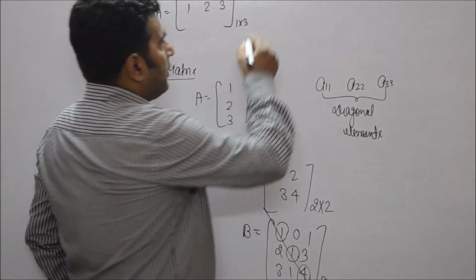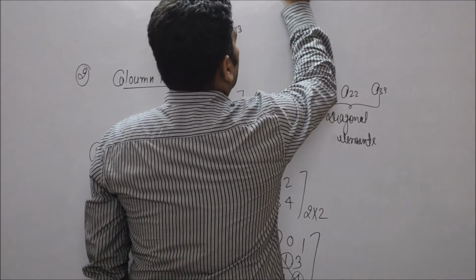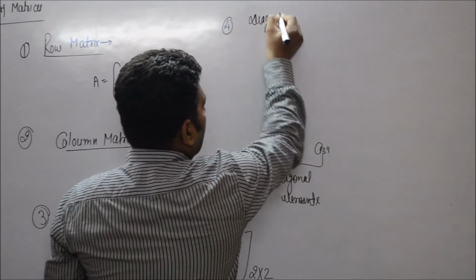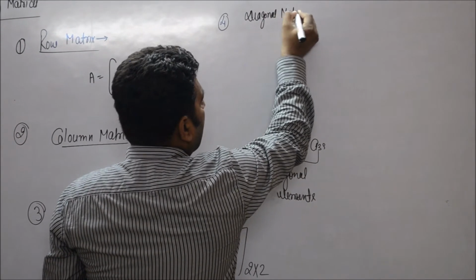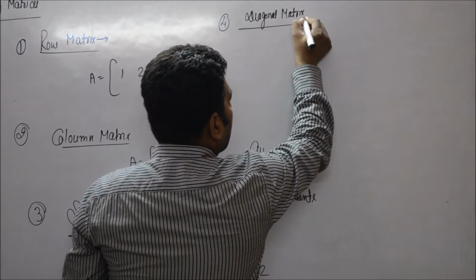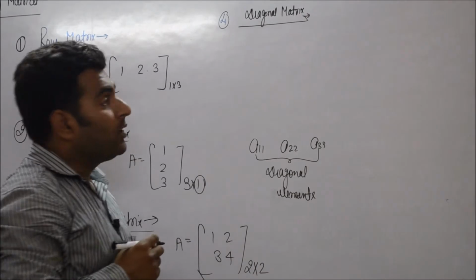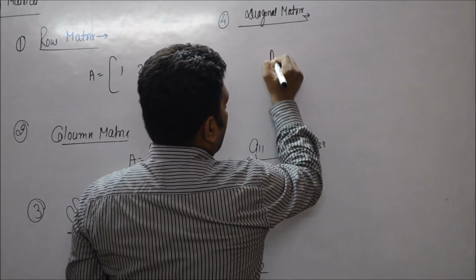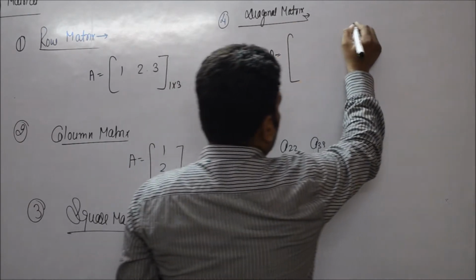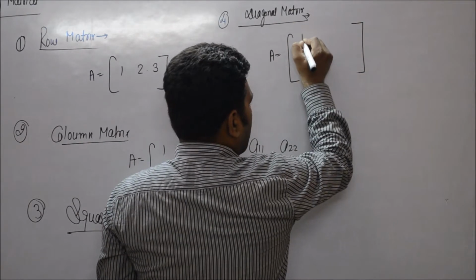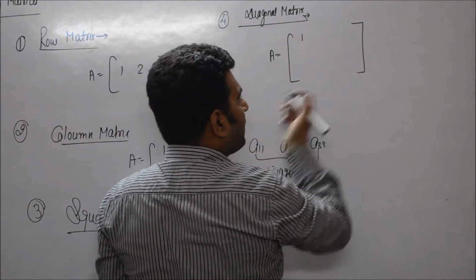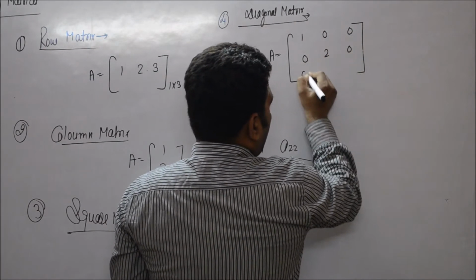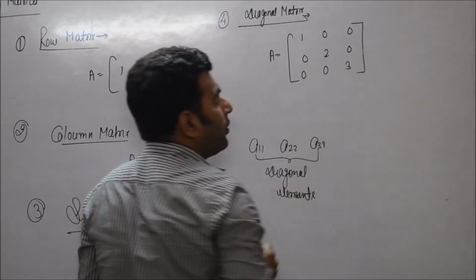Next matrix is called the diagonal matrix. This matrix has to be a square. If I define a diagonal matrix, it is a square matrix in which all positions other than the diagonal are 0 and the main diagonal positions are non-zero.